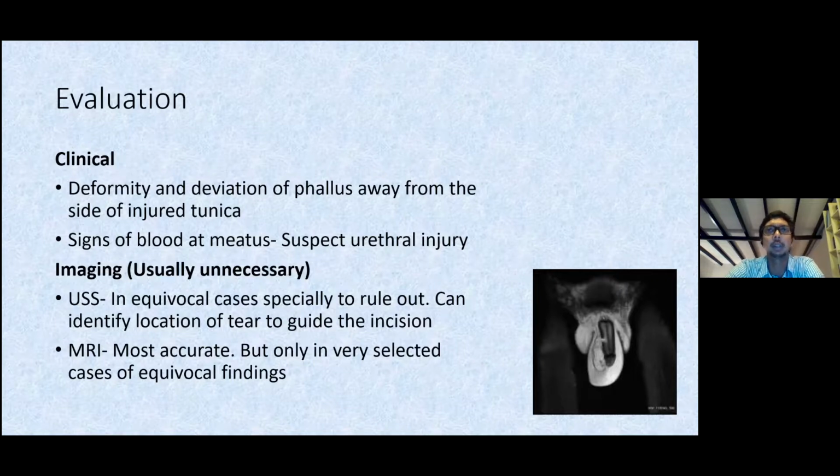But in equivocal cases, ultrasound may be important, and in current practice, sometimes to plan the incision, which I will discuss later, ultrasound may be important to localize the hematoma and exclude bilateral corporal injuries. MRI is the most accurate diagnostic tool, but it's not commonly utilized because of certain limitations.